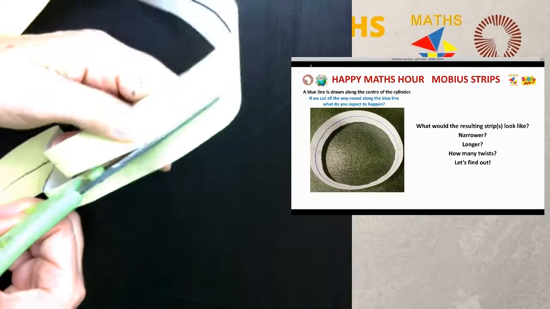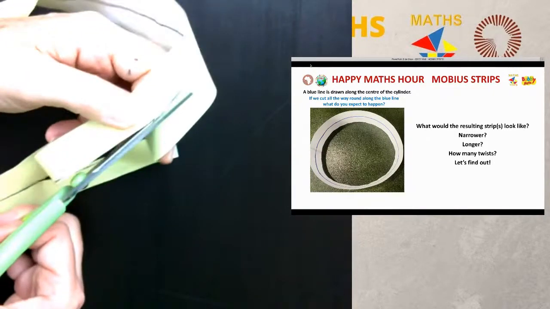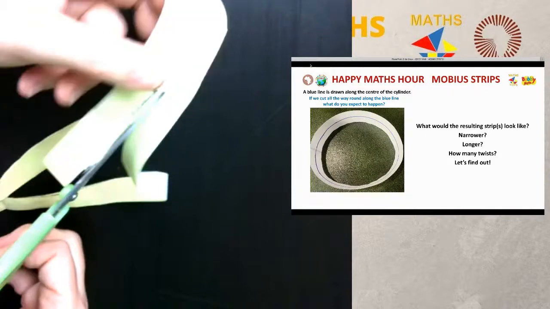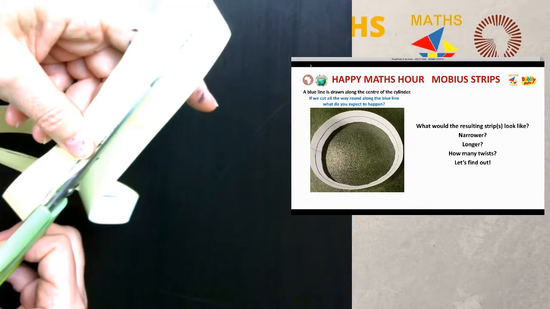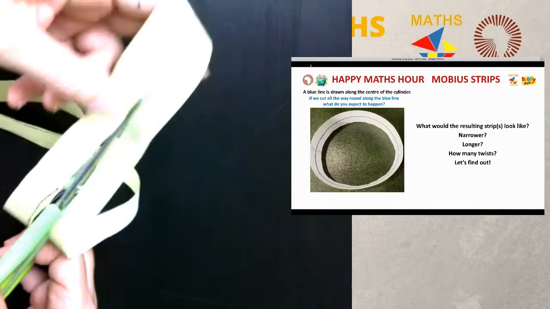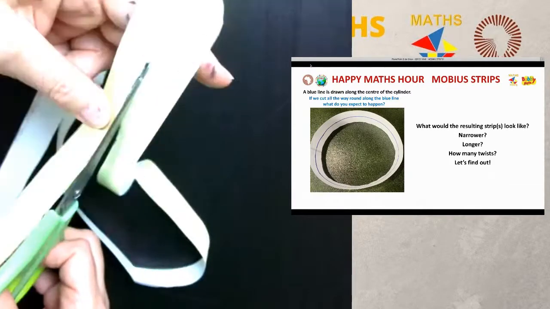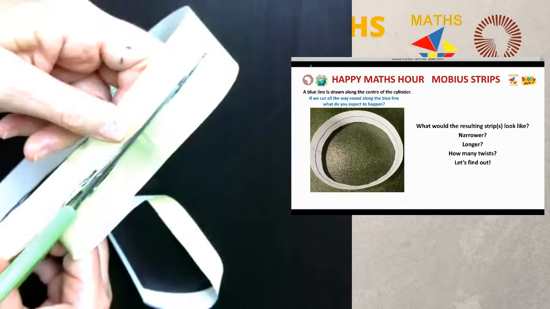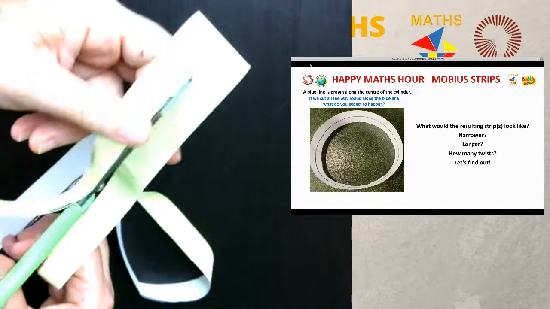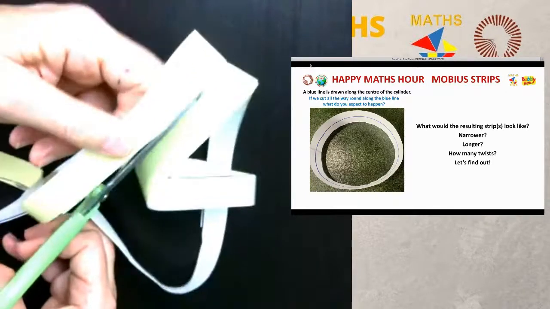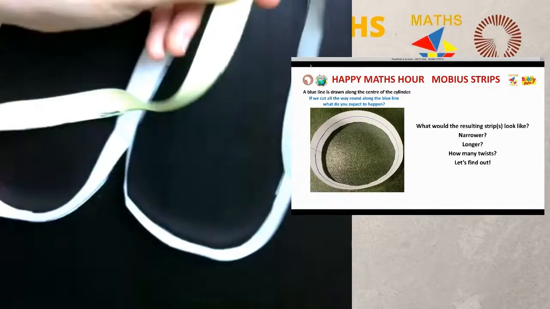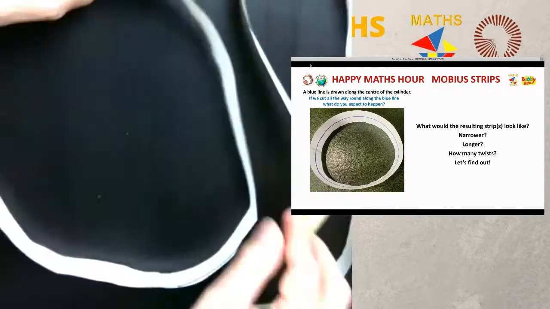So what do you think is going to happen? Imagine what's going to be the end result. Is it going to make a Mobius strip? I'm cutting a cylinder in half along its waistline, let's say. So what am I going to end up with? How many strips? Will they be narrower, longer?